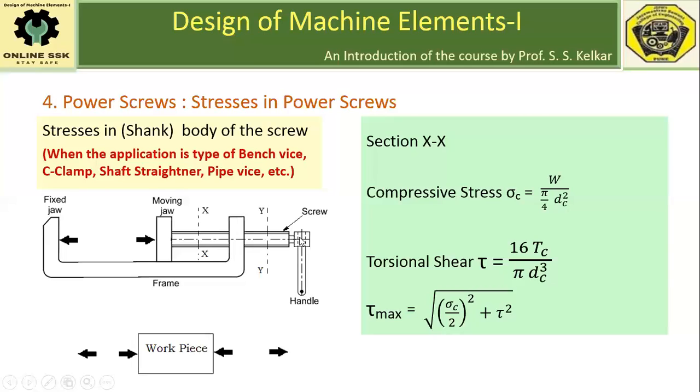Now the torque T given by the operator, the total torque, will travel from this point up to the nut, and hence the entire section YY, this much portion of the screw, will be subjected to torque equal to T, the total torque, which comprises TT plus TC.